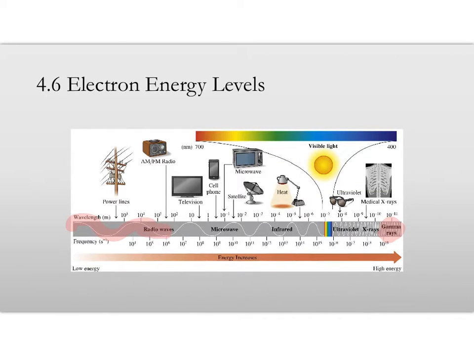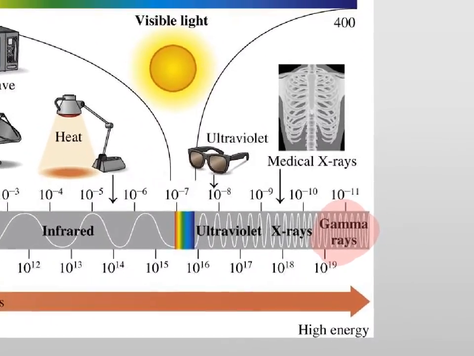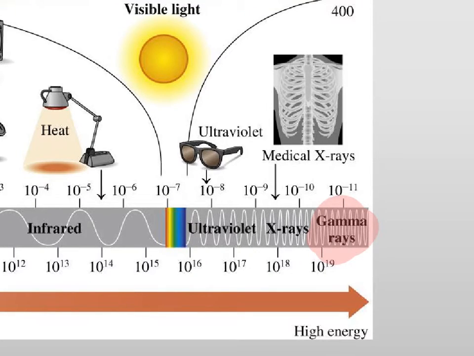And it's nice because it shows you the relative wavelength and or frequencies of the type of electromagnetic radiation. So gamma rays, as you can see, have a wavelength of 10 to the negative 11th meters, which is not written in there. 10 to the negative 11th meters.